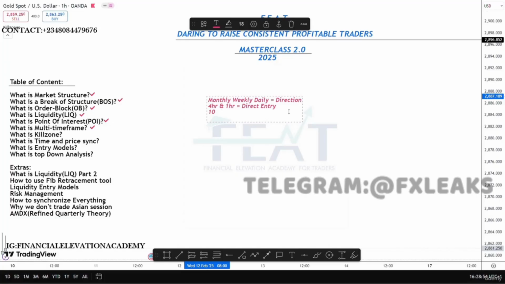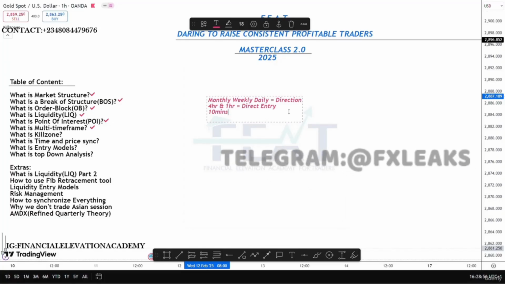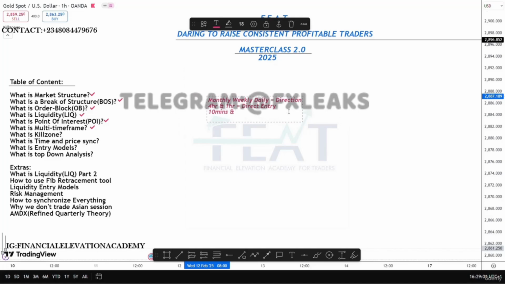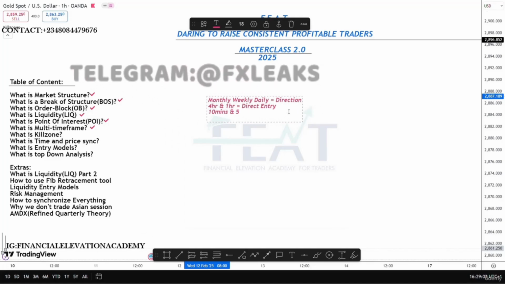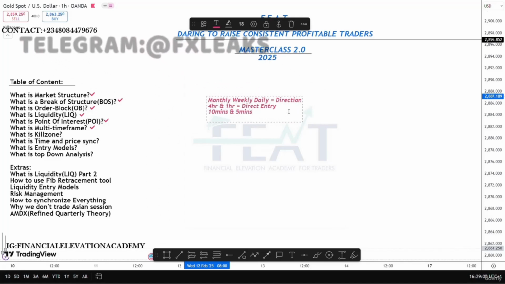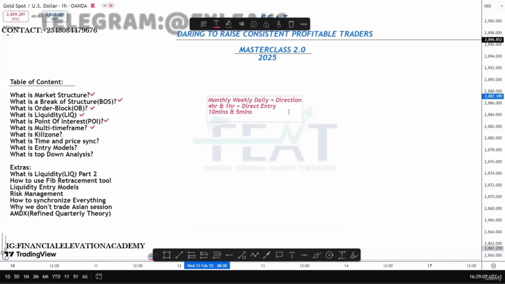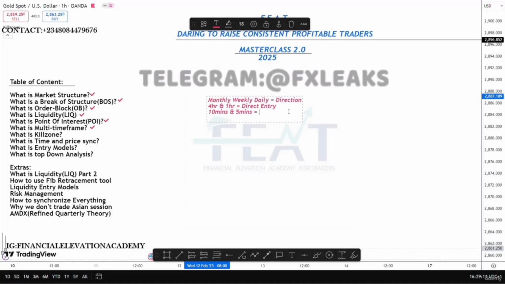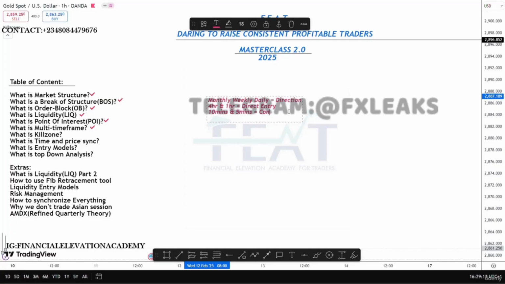And we use the 10 minutes and 5 minutes for confirmatory entry.